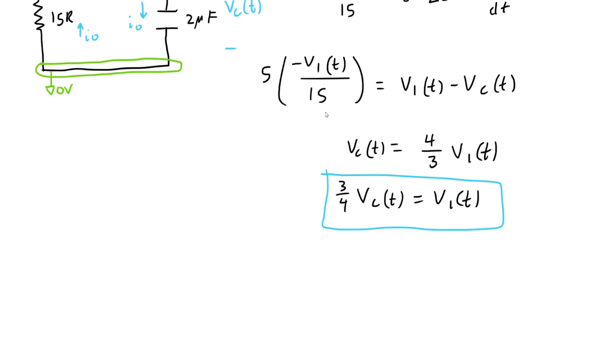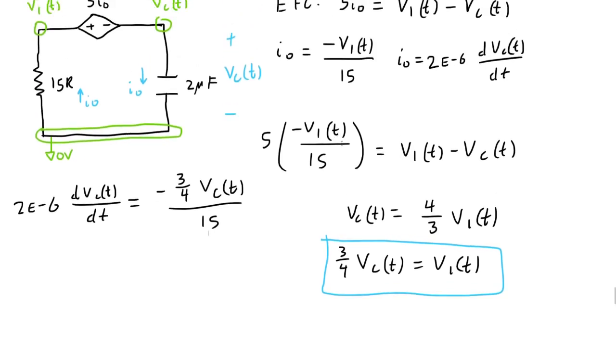So now we can substitute in; we're going to set I0 to equal I0. So I believe it's 2 microfarad times dVC(t)/dt equals minus V1, which is minus 3/4 VC(t), over 15 ohms.